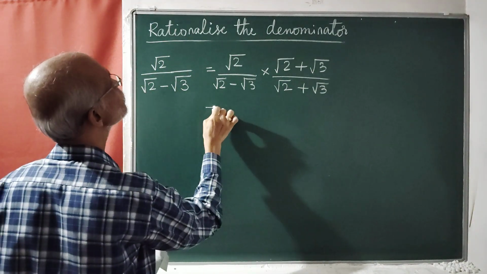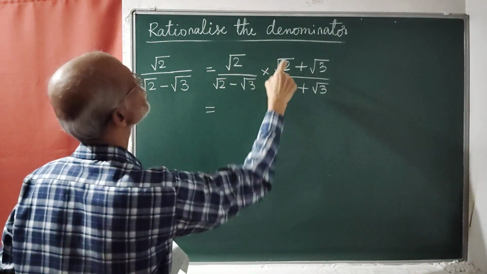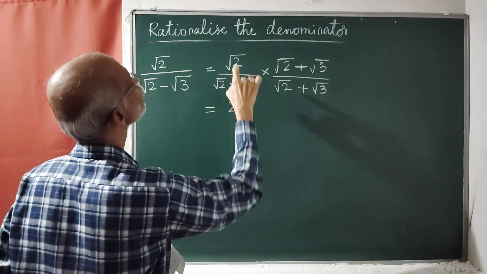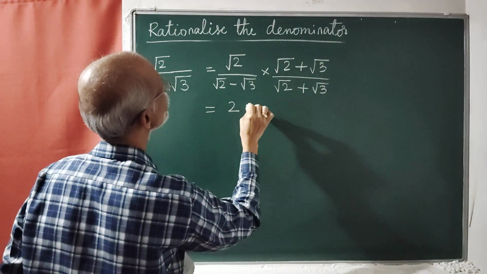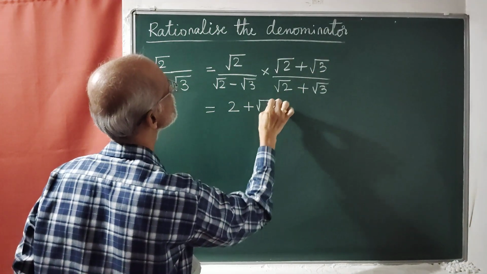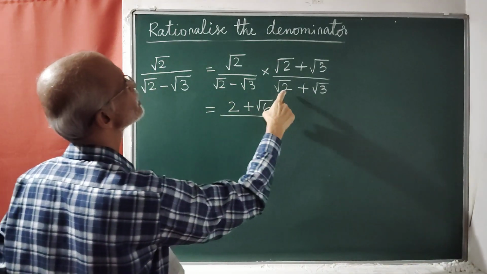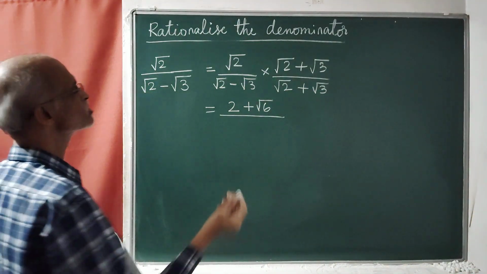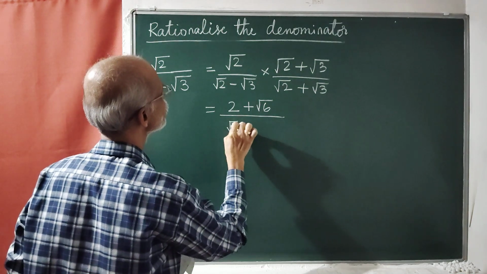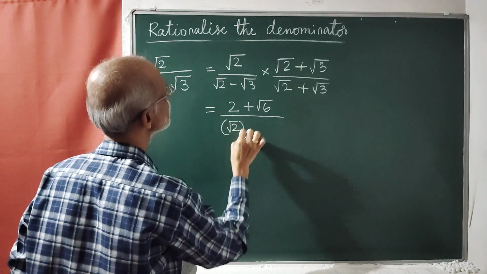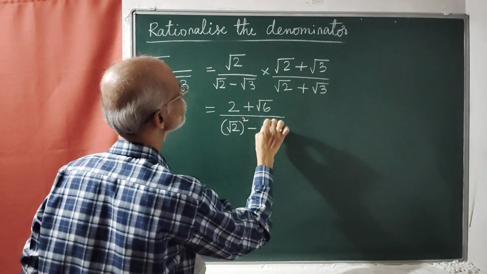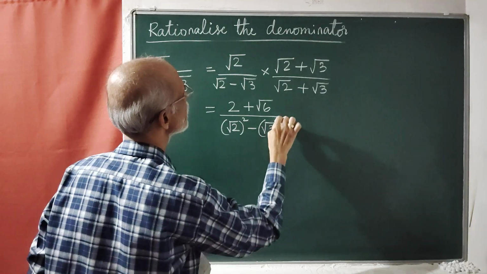You can see here now root 2 into root 2 is 2. Root 2 into root 3 is root 6. Now here a minus b into a plus b, a square minus b square. Root 2 square minus root 3 square.